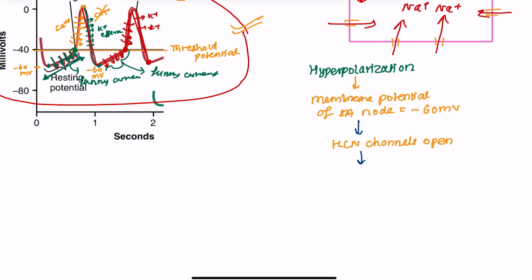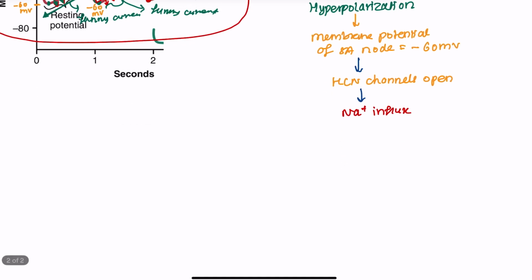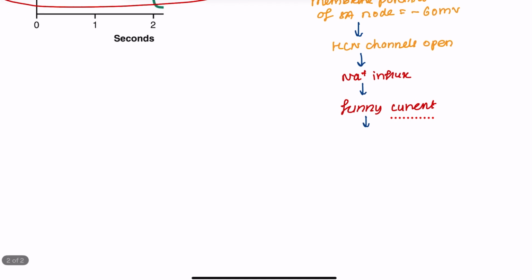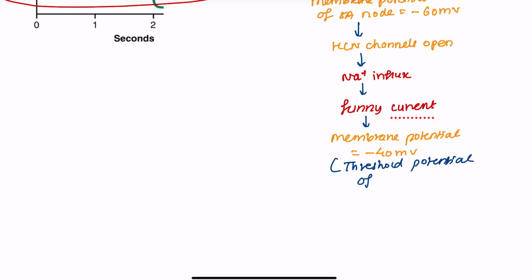This leads to sodium influx. Sodium influx leads to the production of funny current. Then the membrane potential reaches minus 40 millivolt, which is actually the threshold potential of SA node.